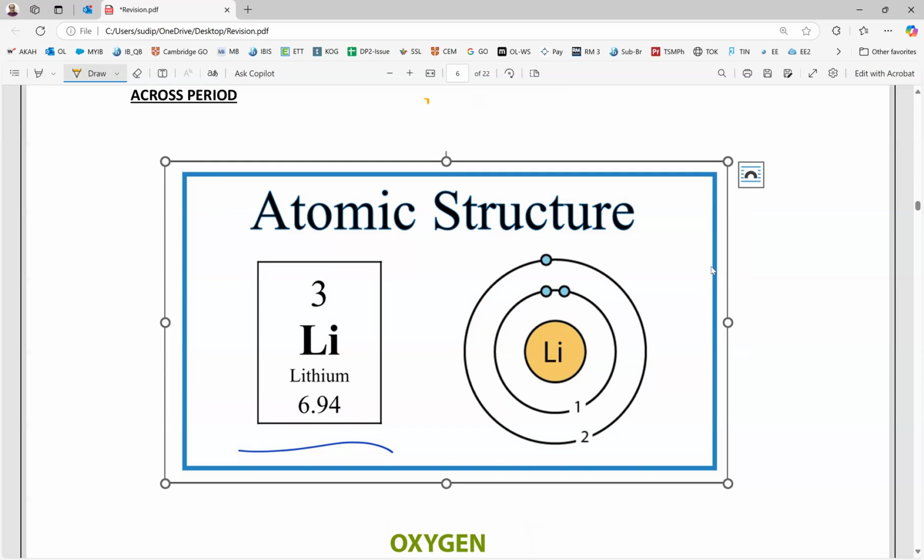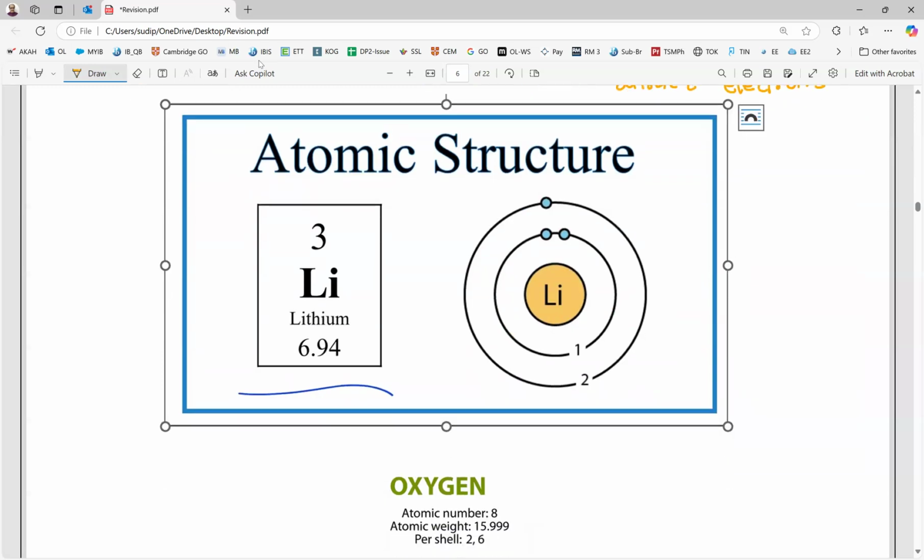So technically, electronegativity means the ability of atoms to attract electrons. Okay. So who will attract more electrons? Who will attract fewer electrons? That we have to see.